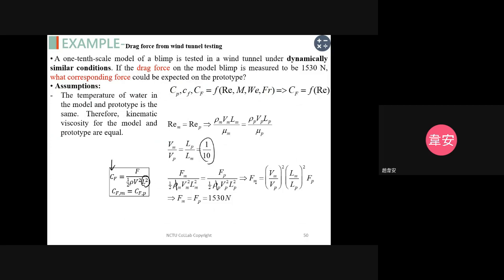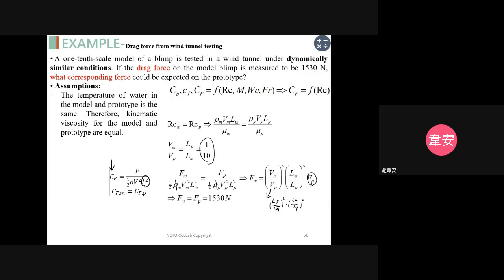The final formula is that the force in the model is equal to the square of the velocity ratio and the square of the diameter ratio multiplied by the prototype force. If you replace the velocity ratio by the diameters, it will be L_P divided by L_M squared, multiplied by L_M divided by L_P squared.